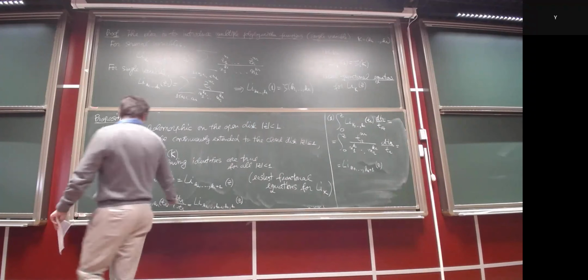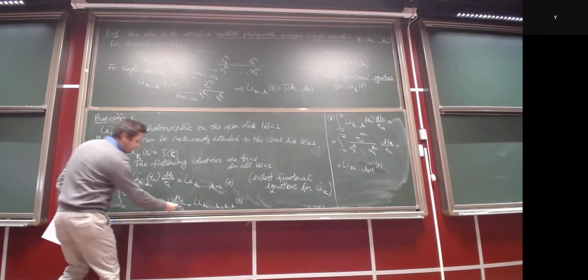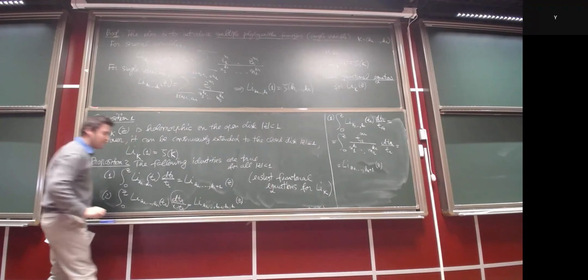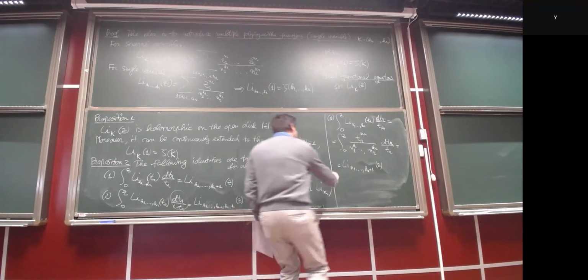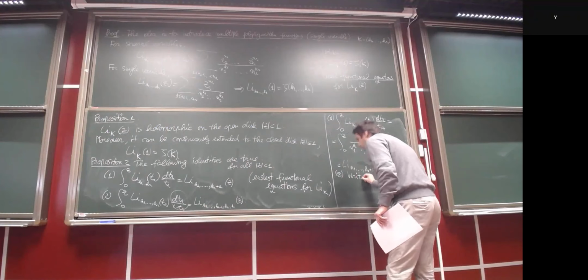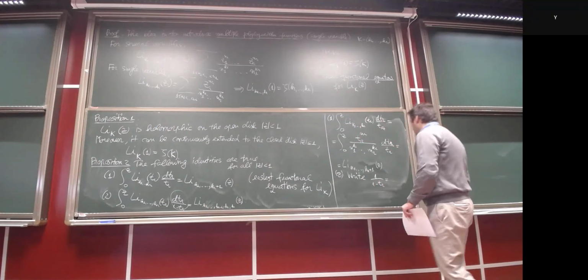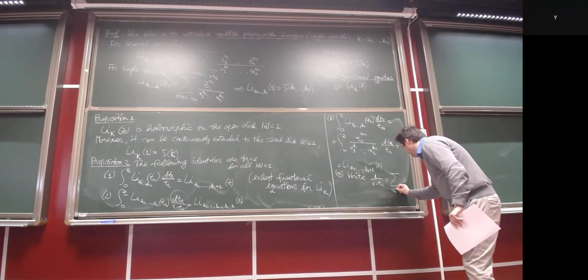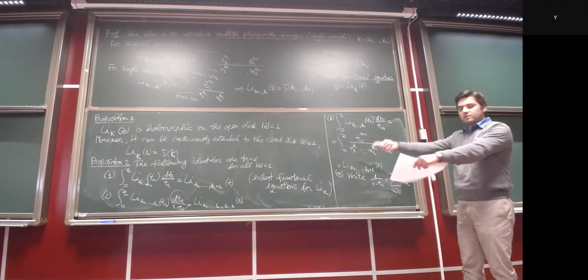The second one is a little bit trickier, right? For the second one, the idea is to write 1 over 1 minus tr as a geometric series, the sum of tr to the power, and you do the same thing.